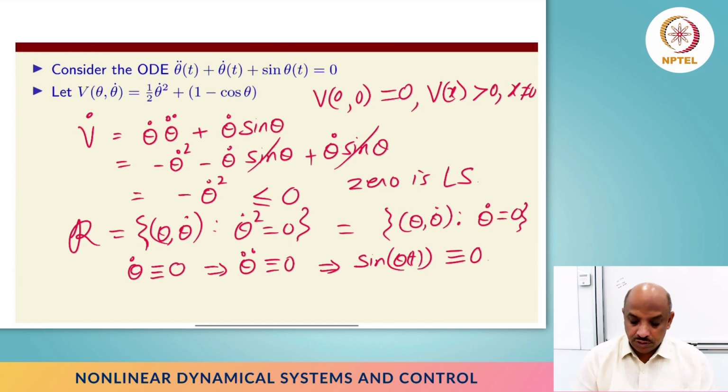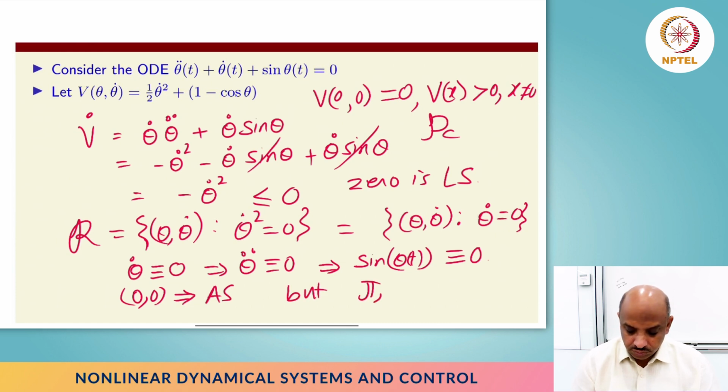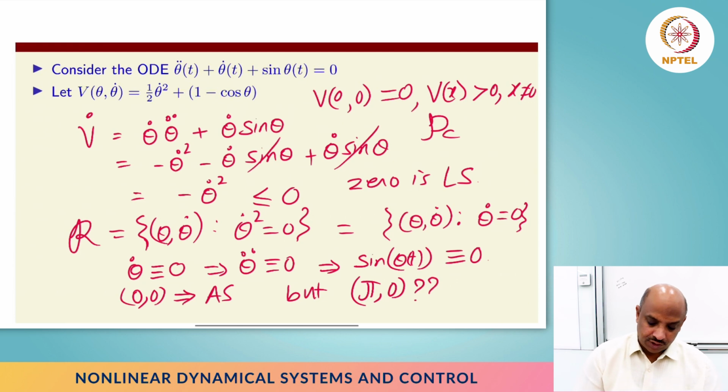What this simply means is that the D sub c that we need in LaSalle's theorem comes from this positive definiteness, and that's only around the 0. So the 0, 0 equilibrium point is shown to be asymptotically stable, right? But something like pi comma 0, I'm going to leave it as a question mark for the time being.